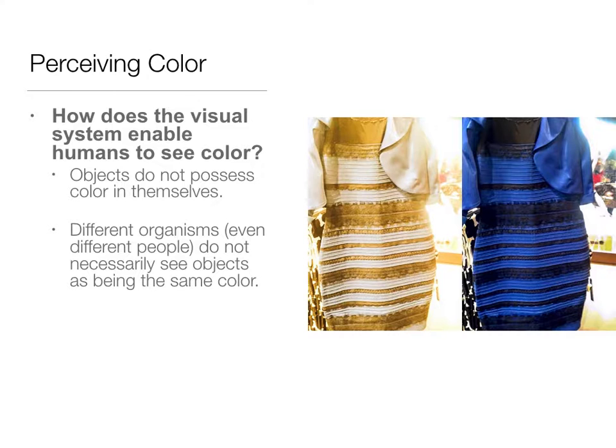There was a group of people that saw it as gold and white, and a group that saw it as black and blue. There were some other combinations too, but those were the two major groups, and social media exploded over which color it was. So again, different organisms and different people don't necessarily see the same objects as being the same color.